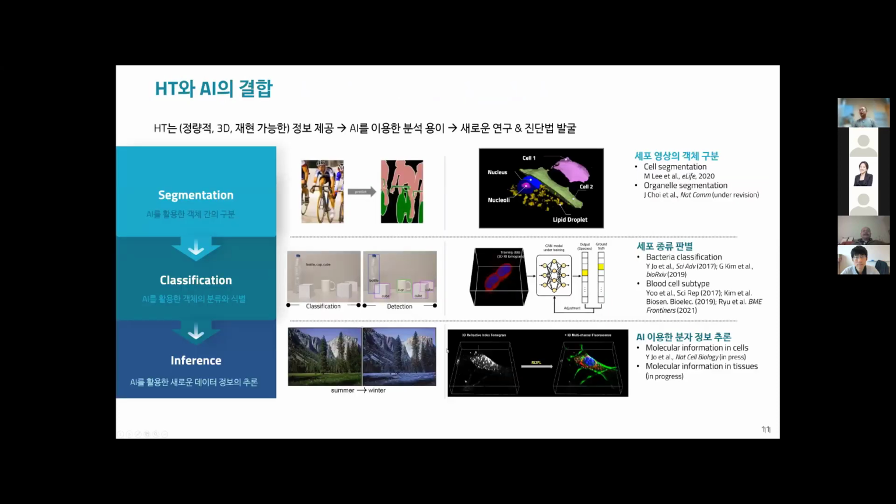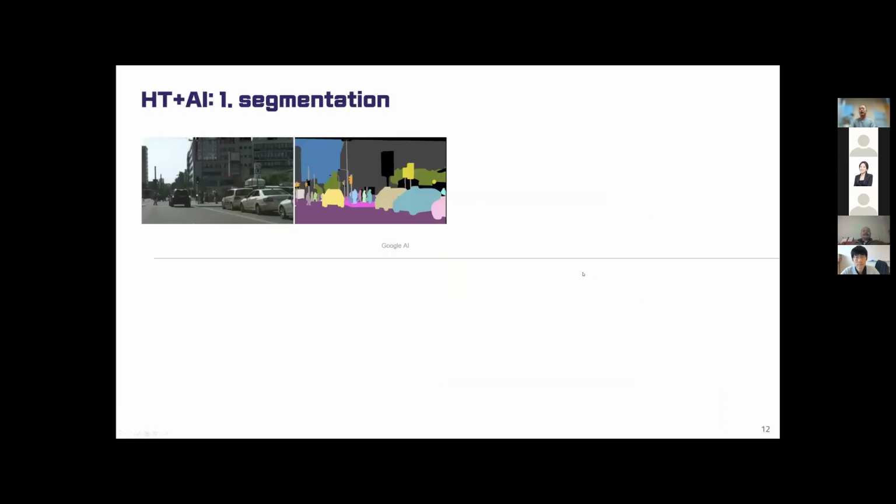So the main topic of my talk is how we can combine this QPI and AI for better study of cells and tissues. We have developed a series of AI-based applications, including segmentation, classification, and inference. Let me explain step by step. First is segmentation.